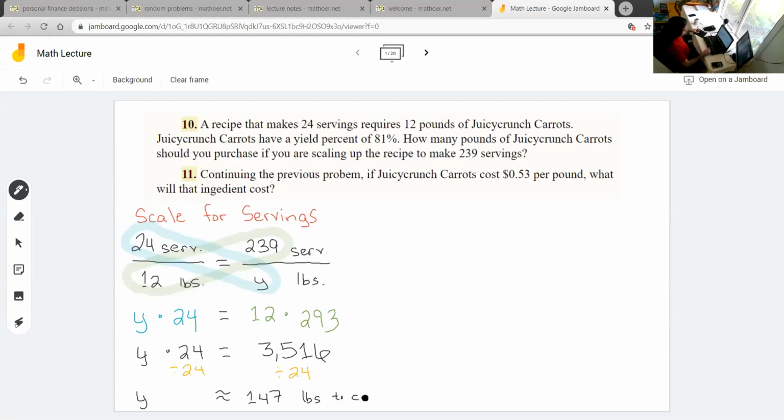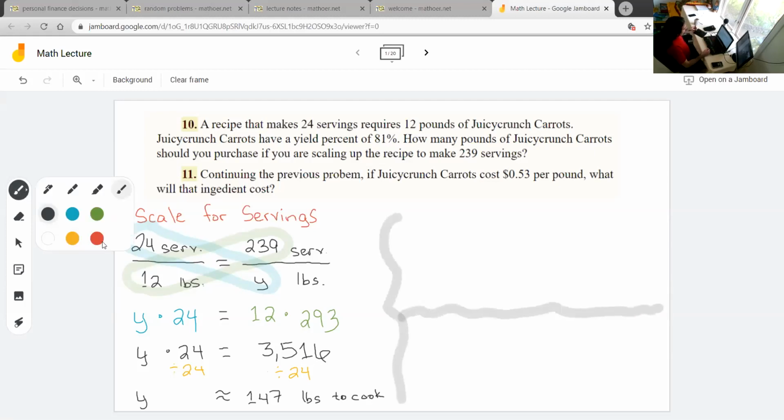So that's how many pounds I need to actually cook with. If I went to the store and bought that many pounds, by the time I trim the carrots, I'd have too few. So we need to do step 2, which is the scaling for our yield percent.